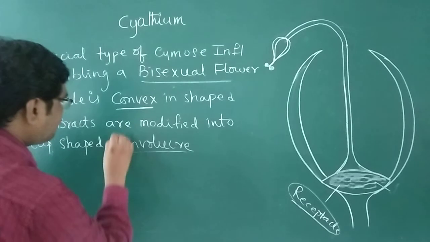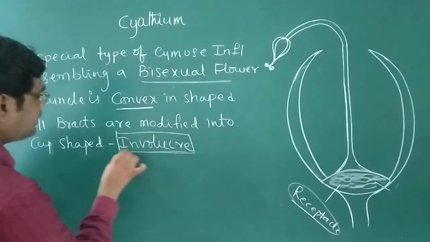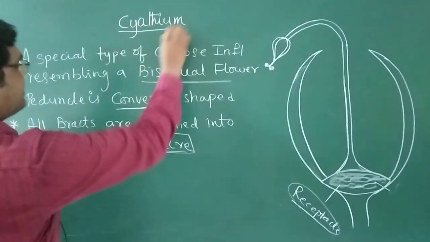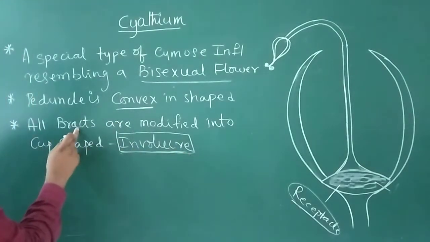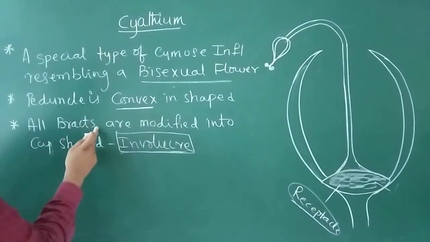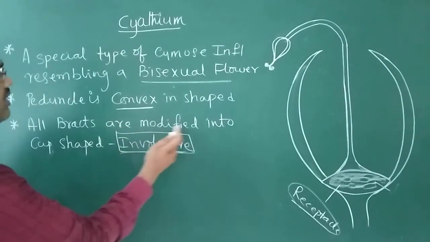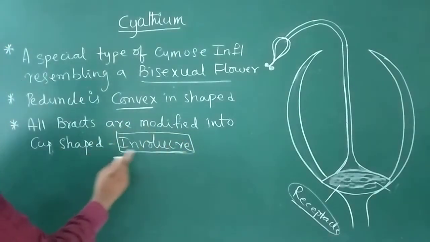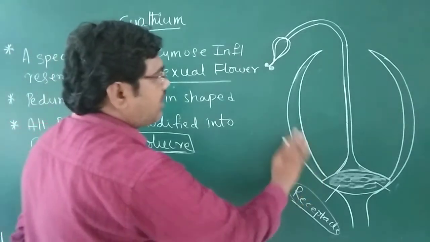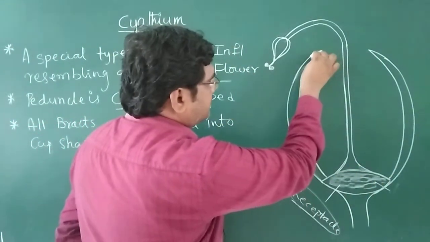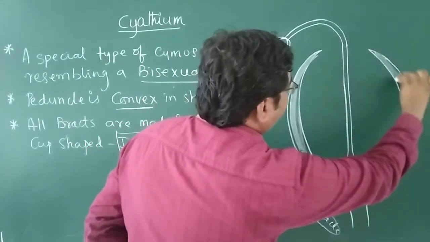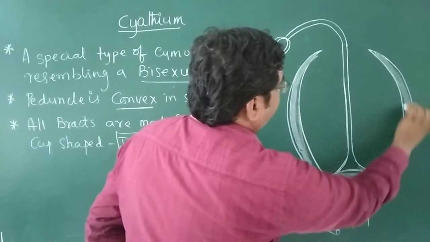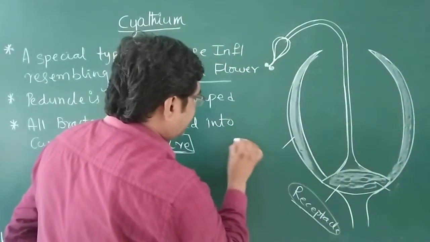This is the most important character of the cyathium inflorescence. So what is the involucre? All bracts of the female flowers and male flowers in the cyathium are modified into a cup shaped involucre. This is a modification of bract. So this is the involucre.